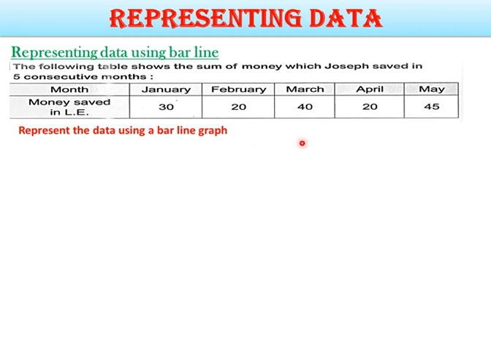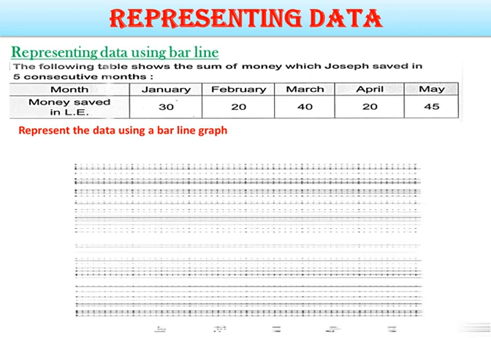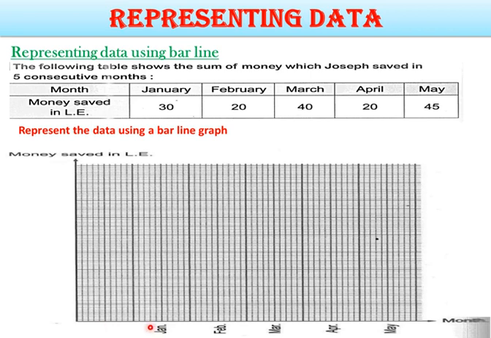To represent this data, we must draw two lines, horizontal and vertical. But what will we write on the horizontal and vertical lines? On the horizontal line we write the words, each word under the heavy line like this.